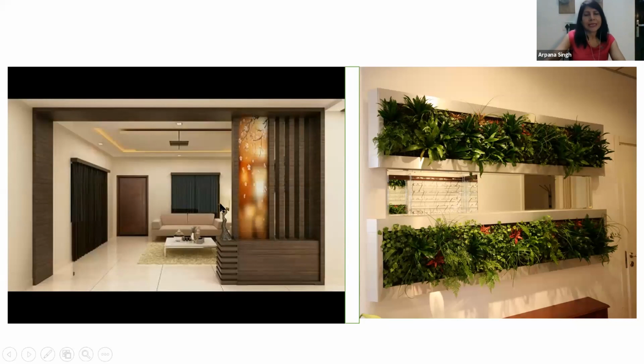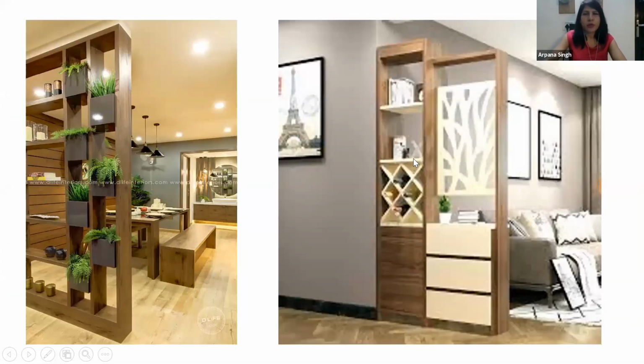This is another kind of partition which divides the living room from another space here, very smartly made. These are a few more designs. It's a dining and living partition where they have created small planters. And this is nothing like what we were discussing, framework and so on.